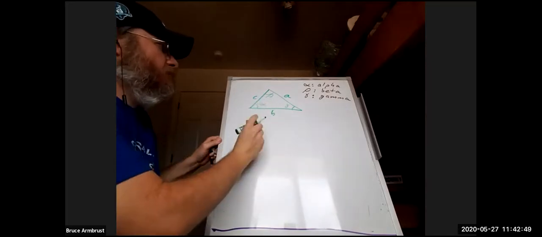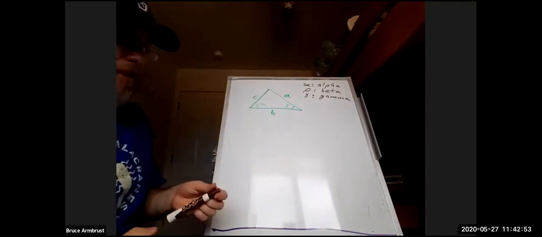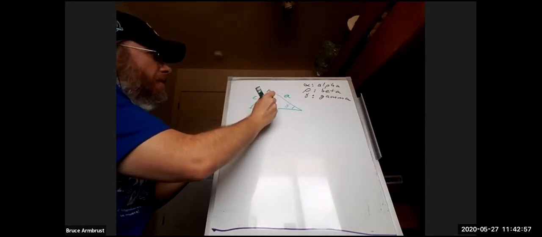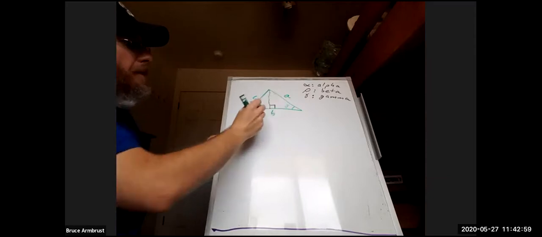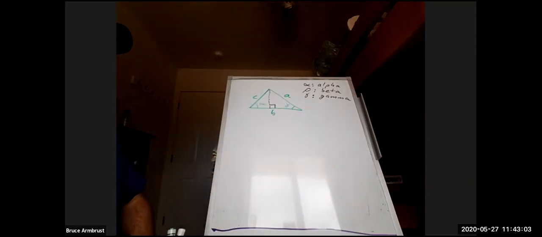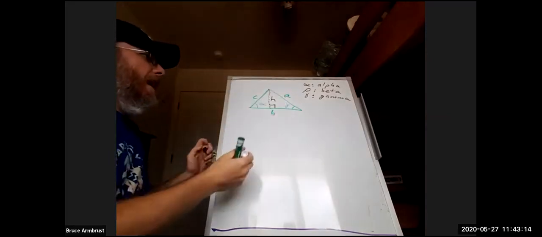I'm going to take this triangle and drop a perpendicular down to this side. So I'm going from angle beta, I'm going to drop it down to side B in this picture. And I'm going to go ahead and label this length as H for height.